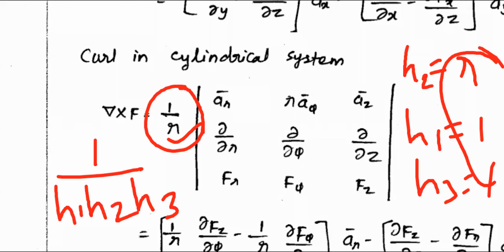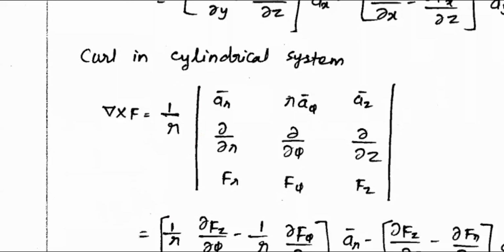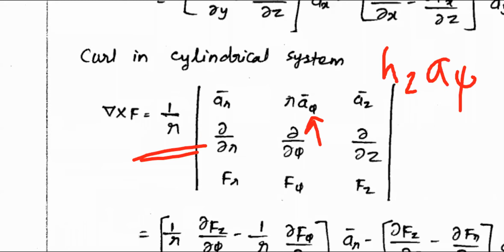And again, here 1 by h1 h2 h3. This term is related with a rho, and this is a common thing, so we have written everything as h1 h2 h3. But here this is related with a phi, so instead of writing a phi, you have to write h2 a phi.